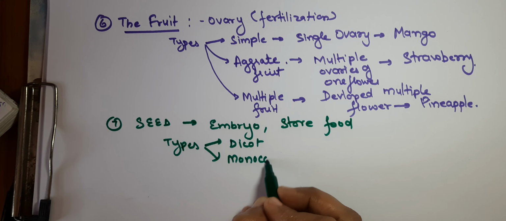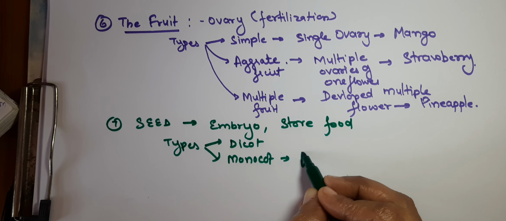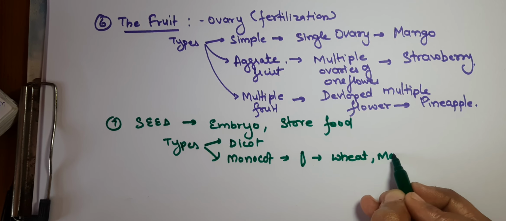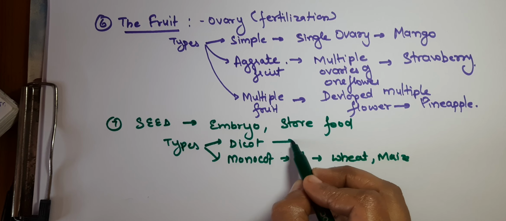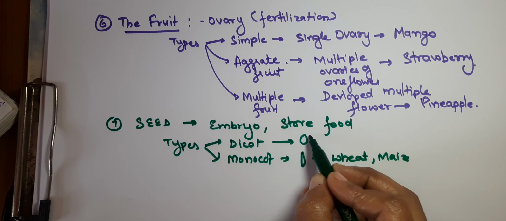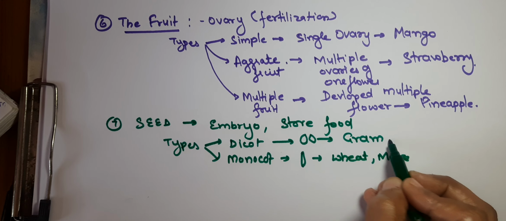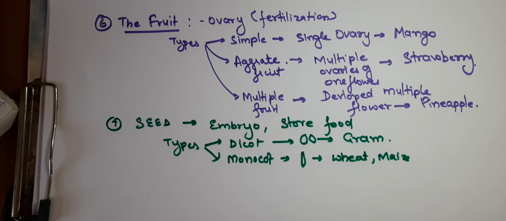The monocot will have a single seed that cannot be split into two. Examples include wheat or maize. Whereas the dicot seed can be split into two equal parts. This we can observe in the case of the gram. So you can just divide the seed into two. So this is all in brief about the morphology of the flowering plant.